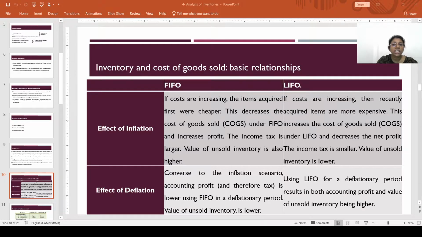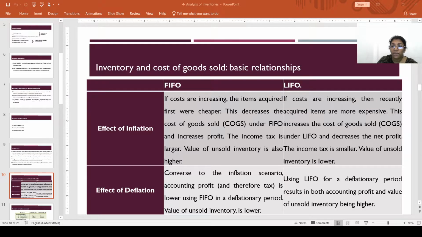The decrease in the cost of goods sold under the FIFO method can be seen. Since the cost of goods sold is decreased, you can see there is an inverse relationship and there can be an increase in profit. Since the profit is increased, the income tax will be larger and the value of unsold inventory will also be higher.